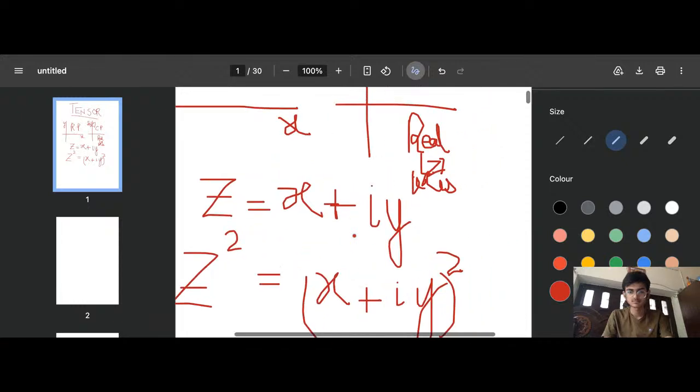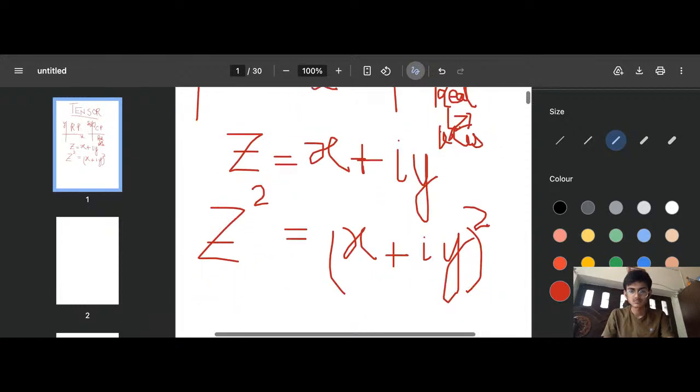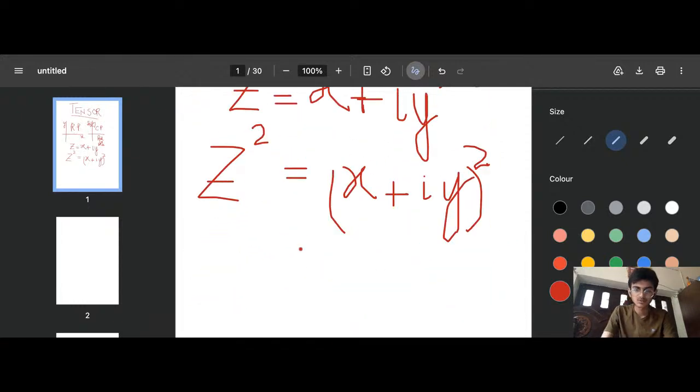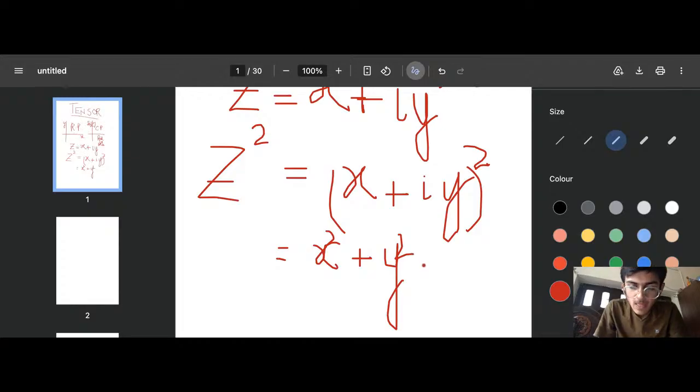We are getting x square plus y square, not plus here, minus. I think you know the operations of iota.